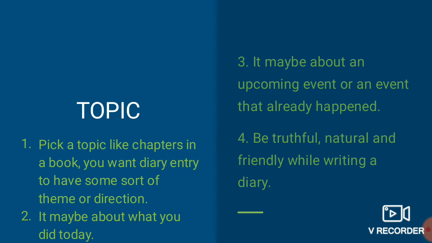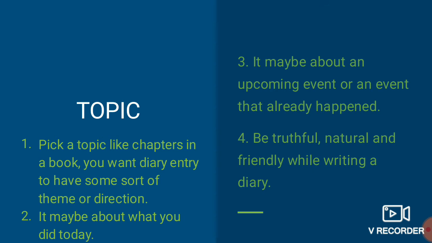Now another point that you should keep in your mind is the topic. Pick a topic like chapters in a book. You want your diary entry to have some sort of theme or direction, and that should be in your mind. You need not write the topic as a heading. It should be in your mind, and whenever you are writing the topic in the form of the theme or direction, that should be highlighted.